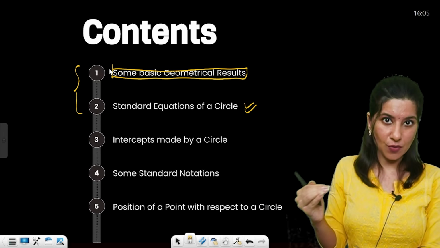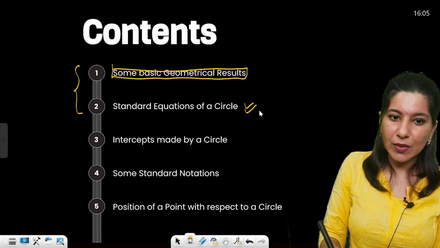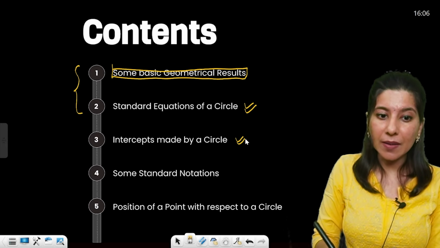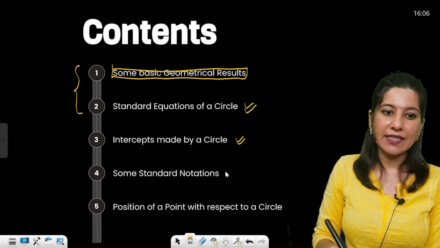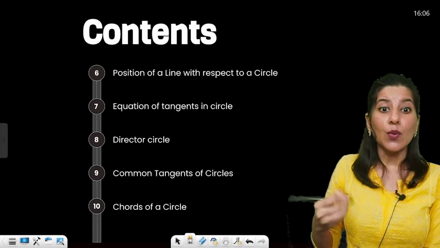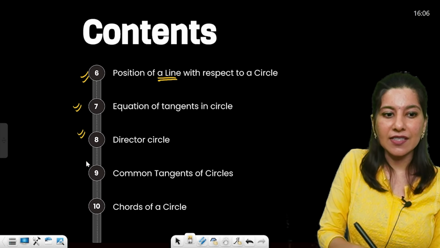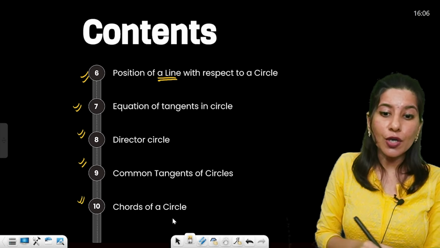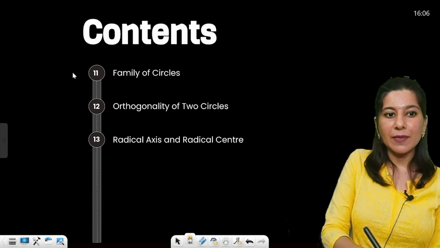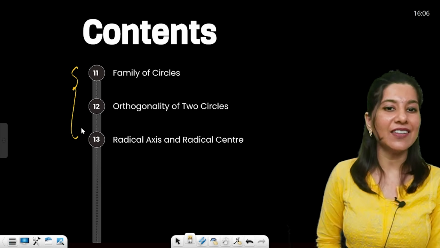Then intercept made by a circle, some standard notation, position of a point with respect to a circle, equation of tangent, director circle, common tangents, family of circles, the condition of orthogonality, radical axis and radical center.